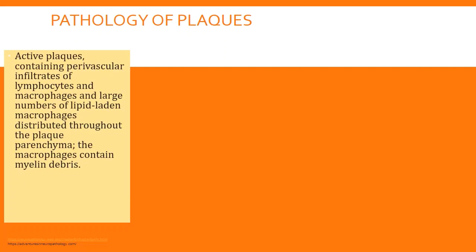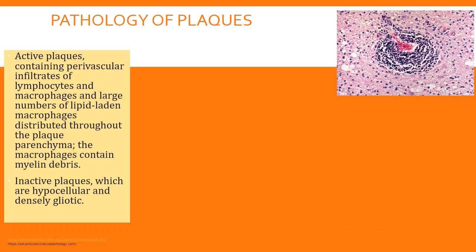Now coming to the pathology of these plaques, what do we see? We see that the active plaques contain a characteristic perivascular inflammatory infiltrate rich in lymphocytes and macrophages, whereas an inactive plaque is hypocellular and densely gliotic, right? In this image shown alongside, you see a vessel, and surrounding this vessel are numerous lymphocytes that you can make out here.